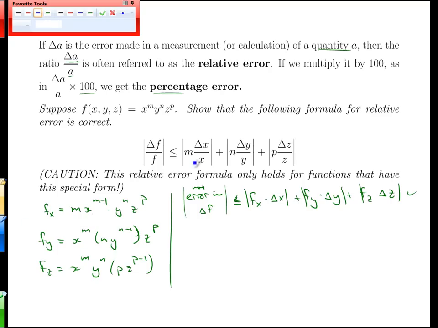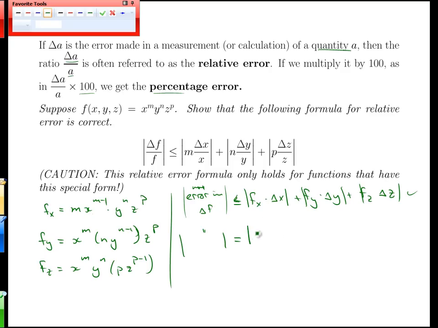Now, how can we turn this formula into the formula we have up here? Well, let's keep the maximum error in f, and let's put all the terms that we had in front.